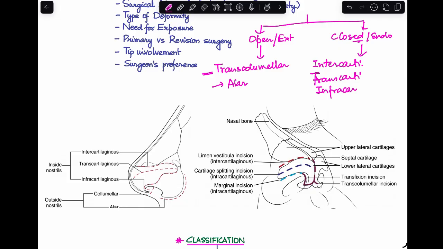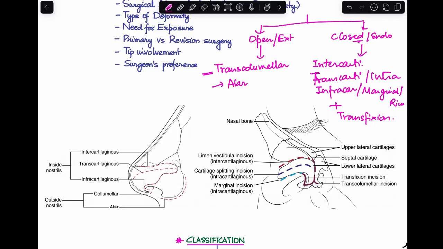Now, the transcartilaginous incision is also known as the intracartilaginous incision. And then the infracartilaginous incision is also more commonly known as the marginal incision, or the rim incision. And along with this, we'll also talk about the transfixion incision, which we have learned under septoplasty.